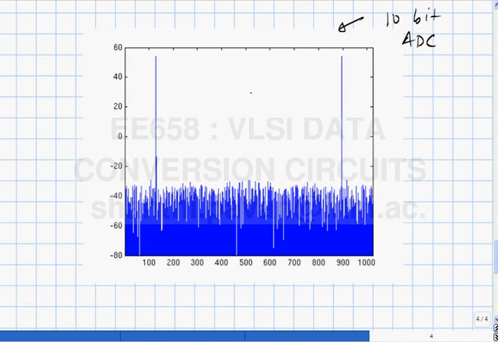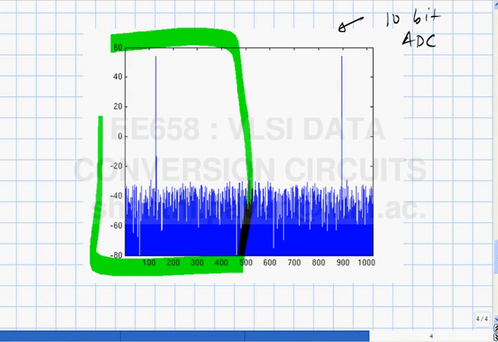One half of it is symmetric, it can be gotten from the other half. So the unique part is only this picture here, and as you can see, this is a 10 bit converter, so how many levels are there? 1024, and what spurious free dynamic range would you expect? You would expect about 90 dB, which is roughly what you see, right?